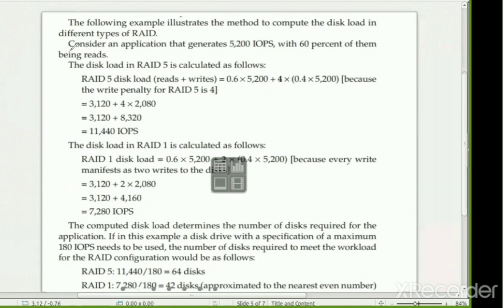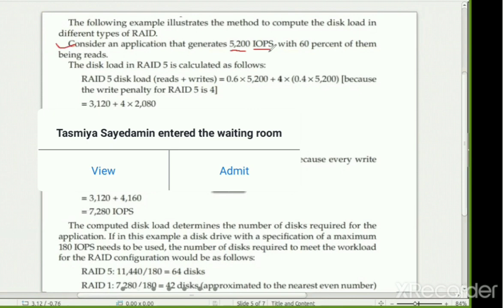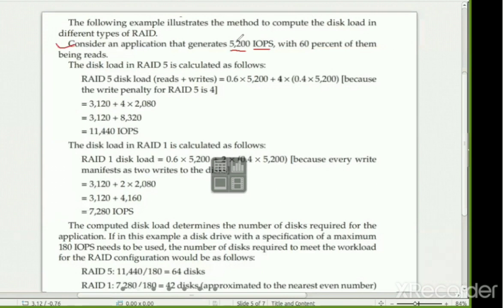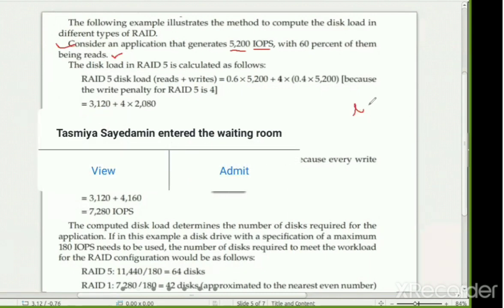The first example we are considering is an application that is generating 5200 inputs and outputs per second. Please remember, it generates 5200 I/Os per second, with 60% of them being reads. Read and write go hand in hand.